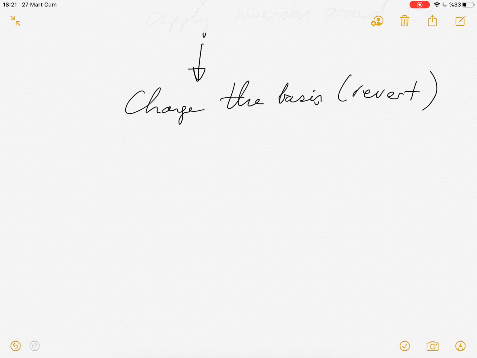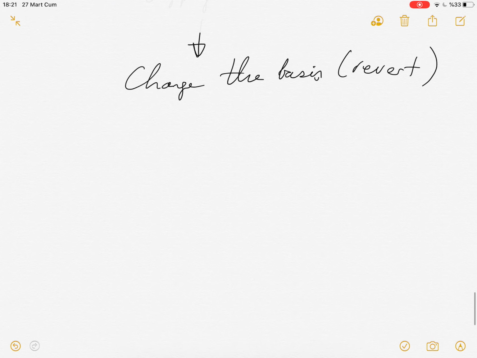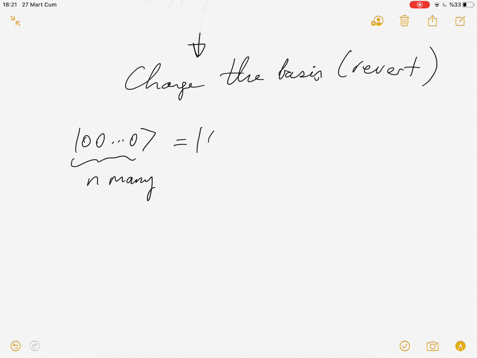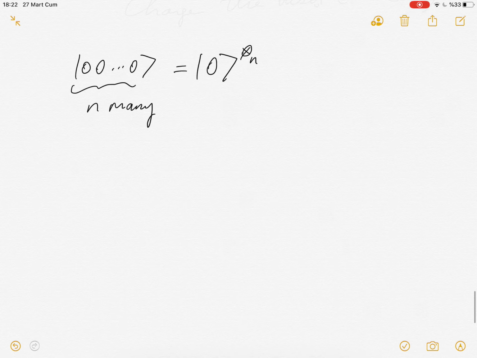So we generally want to invert the state around the 0, 0, 0 states, n many. Okay. So what we really want to do is that inversion around 0 tensor n.